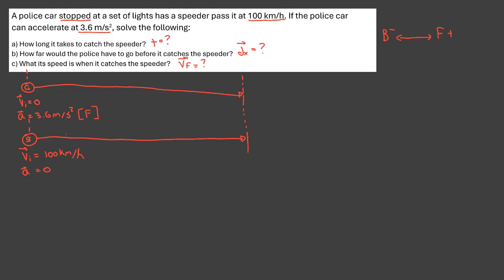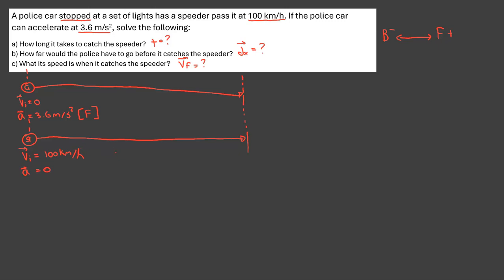And finally, one last thing before we solve our questions is that I'm given an acceleration in terms of 3.6 meters per second squared, but I have a velocity here of 100 kilometers per hour. So it's important that when solving any physics problem, I ensure that I have the same type of units. I'm going to convert this kilometers per hour into meters per second.